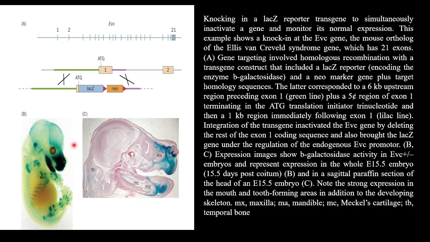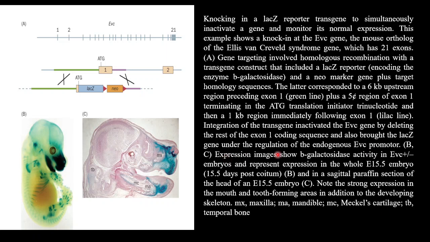So they can see where this particular gene is going to be expressed. So they found it in the maxilla. As I said, this is critical for the skeletal development. This is critical for the limbs development, even in the human being. So they want to study the relevance of this gene, and that is why they integrate the LacZ gene along with the neomycin marker.